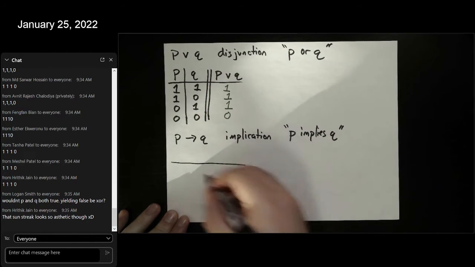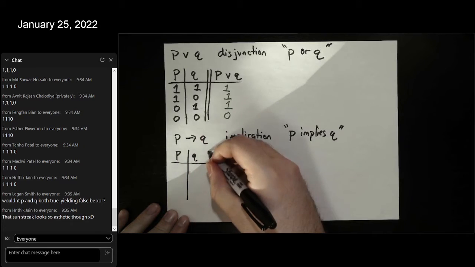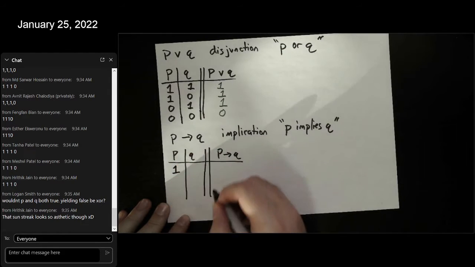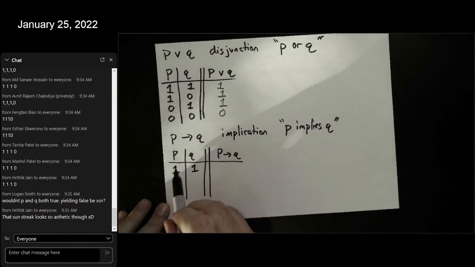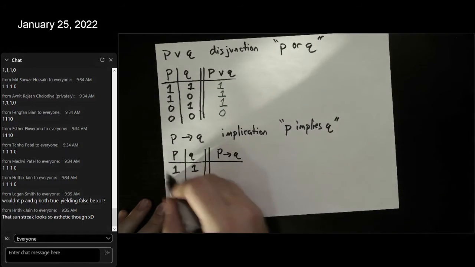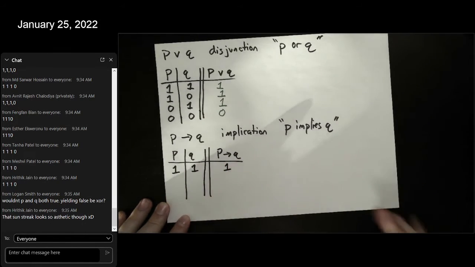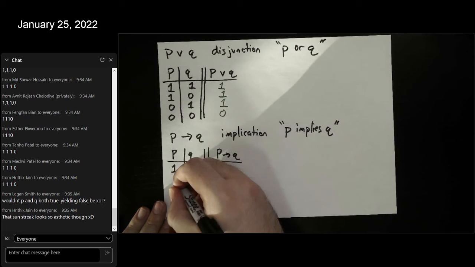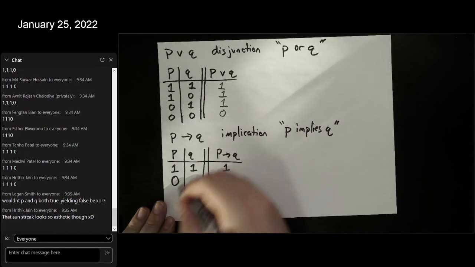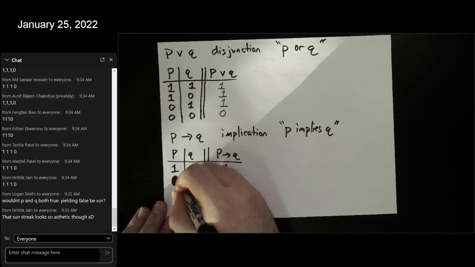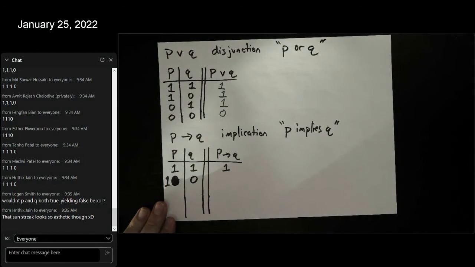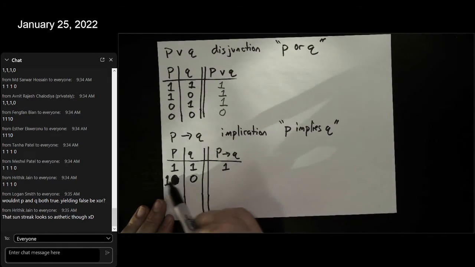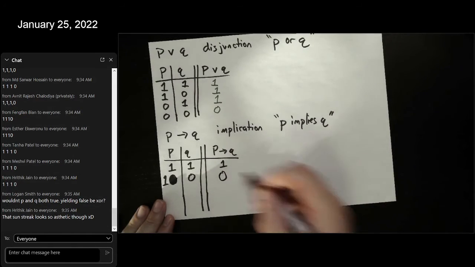So let's look at a truth table here. If P is true and Q is true, then that means P implies Q. P was true and I got Q. So indeed, P implies Q. If P is true and Q is false, then P did not successfully guarantee Q. So true implies false means that this is not true.